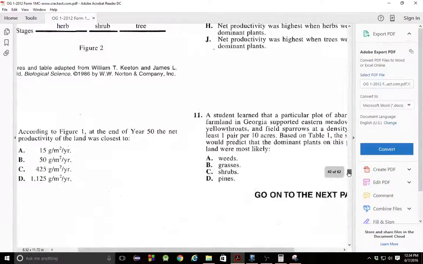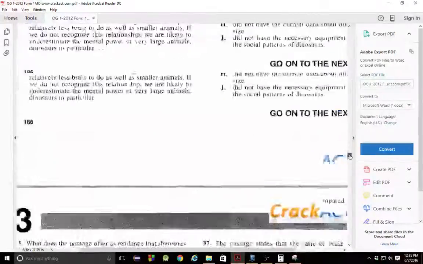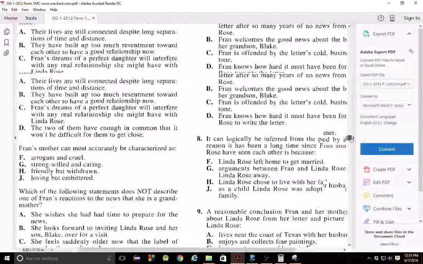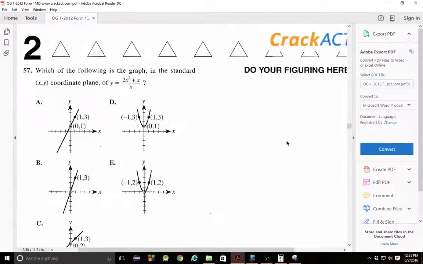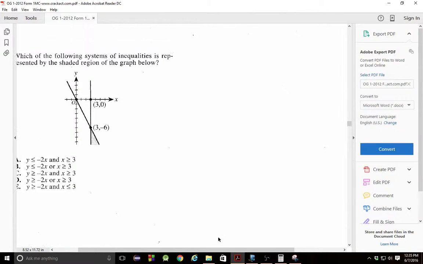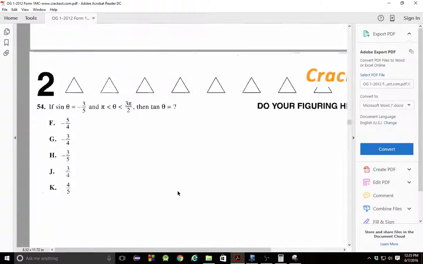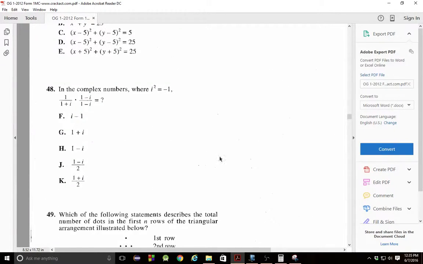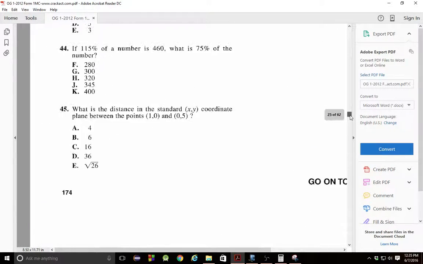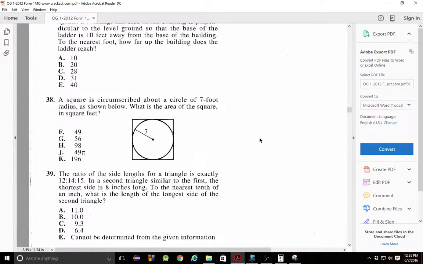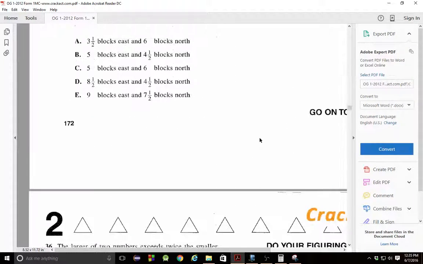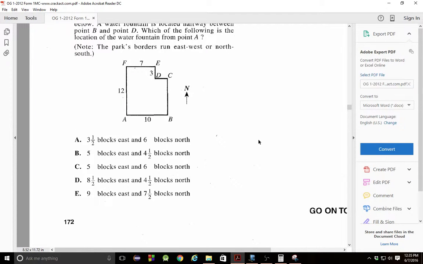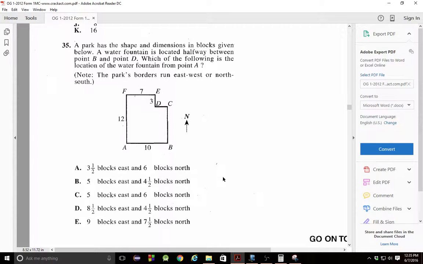Now I'm going to show you how to get that. So the answer is 8.5 blocks east and 4.5 blocks north.